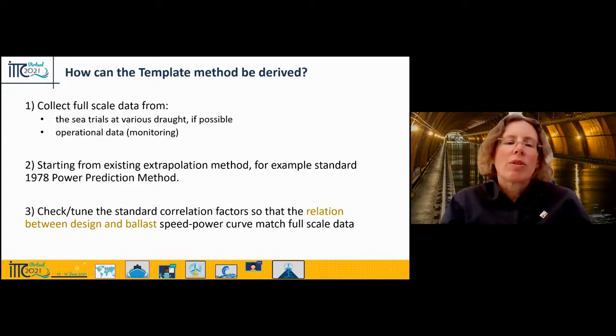And then start from an existing extrapolation method, for example, the standard ITTC-78 method, and check or tune that method so that it fits the data that we have collected. And again, only the relation between design and ballast draft speed curves.